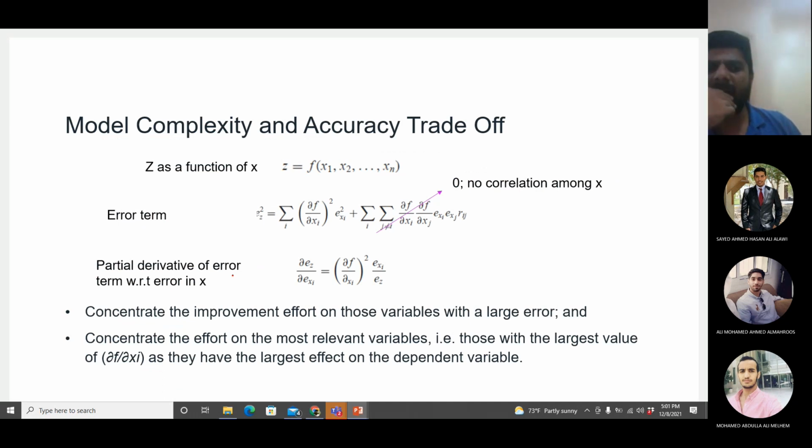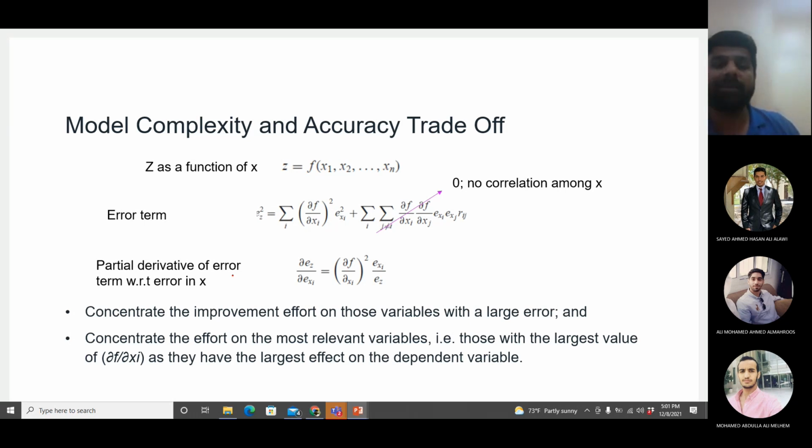Now you can make your model as complicated as you want. It will increase the accuracy. More complex models normally have higher accuracy. Normally, higher accuracy models are more complicated as compared to lower accuracy models.